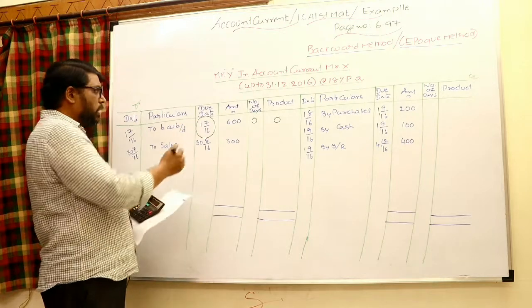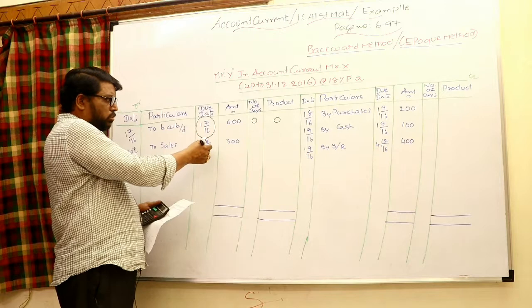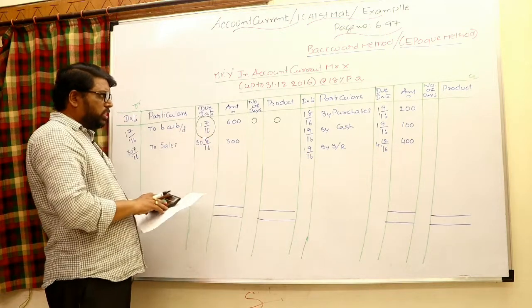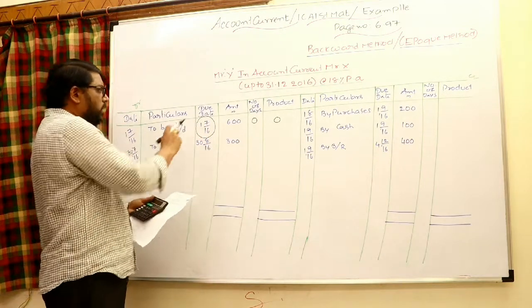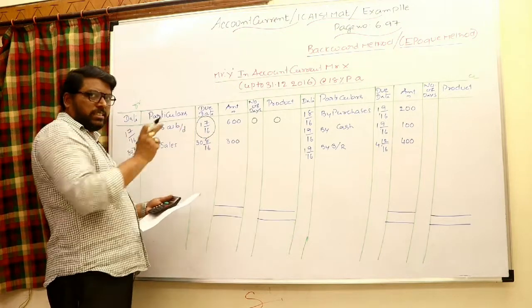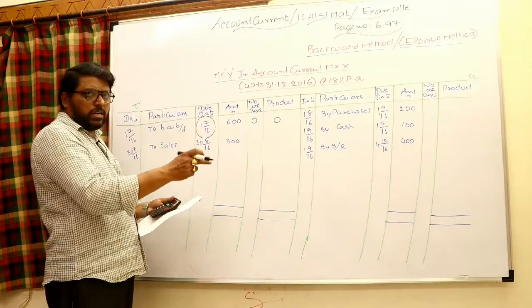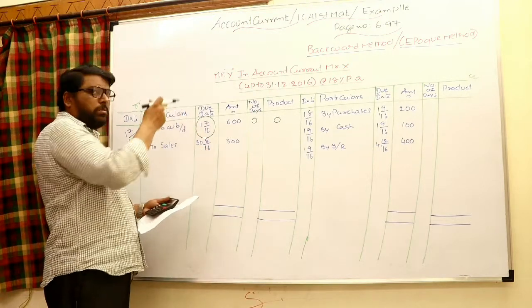Right. So I would like to calculate from here to here, 30th August 2016 to 1/7/2016, the number of days. Look at that, in July 31 days are there, but as I said the first day also should be taken, because every transaction is calculated from the due date to the opening balance due date.